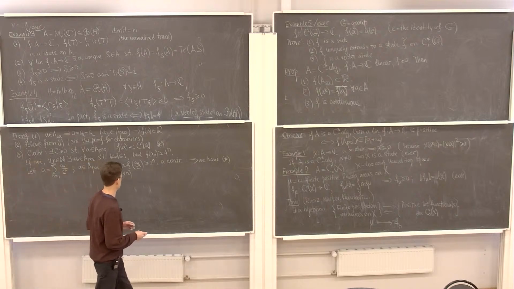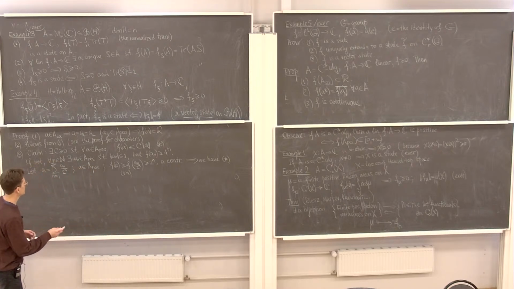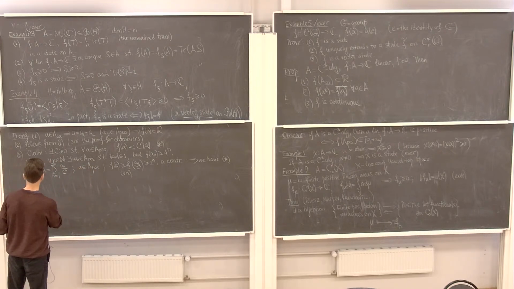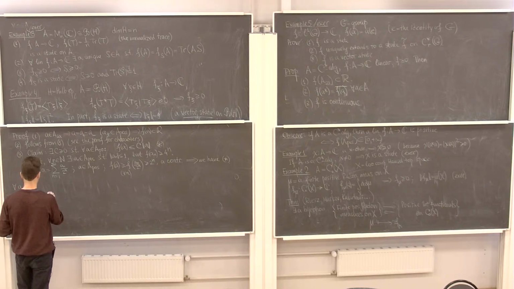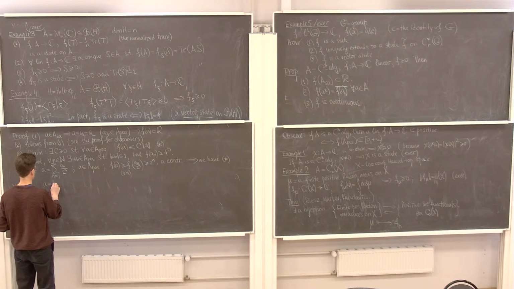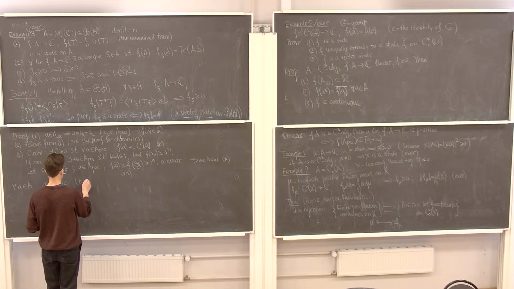Now, to prove that f is bounded in the usual sense, that is everywhere on A, we take an element a in our algebra and write it in the form b plus i c, where b and c are self-adjoint.